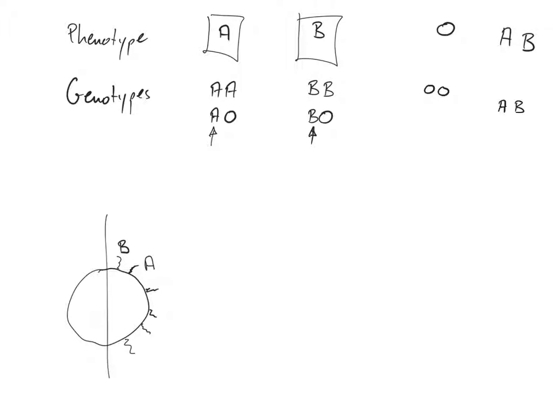So in this system, we actually have 3 alleles. A lot of our examples prior to this, we were only looking at 2 alleles, a dominant and a recessive.